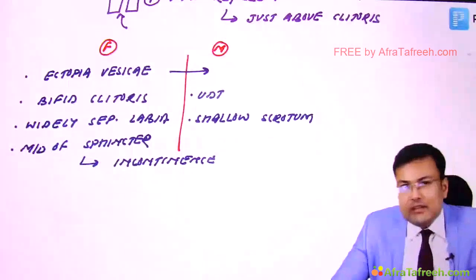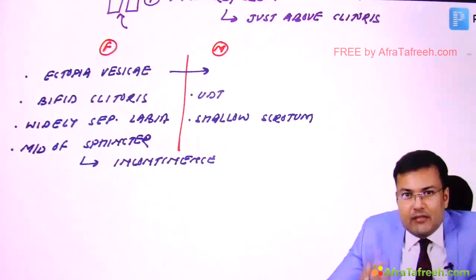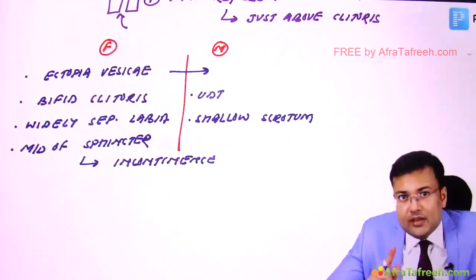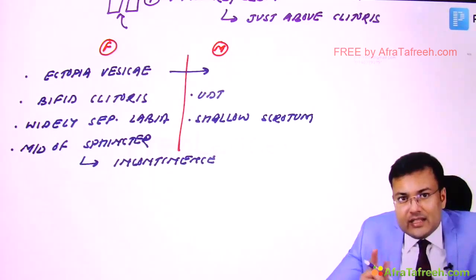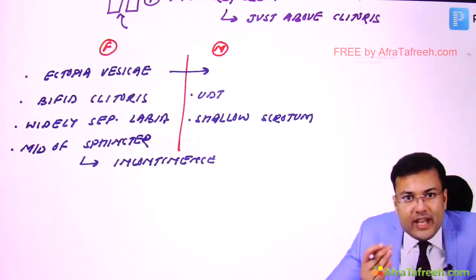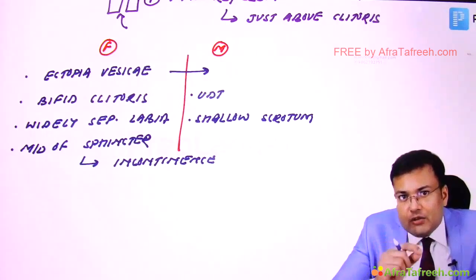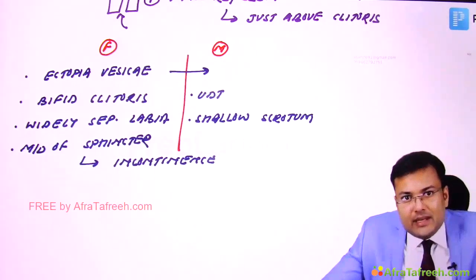Clear? So whenever a patient is having epispadias, we have to correct three problems. First and foremost, you have to correct the incontinence. Second, since there is presence of chordae, you have to excise the chordae. And third, you have to advance the meatus till glans penis, right?